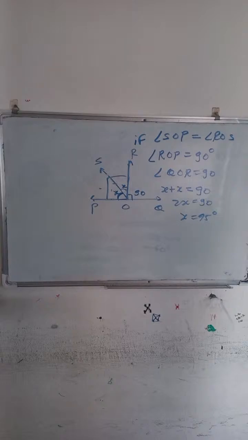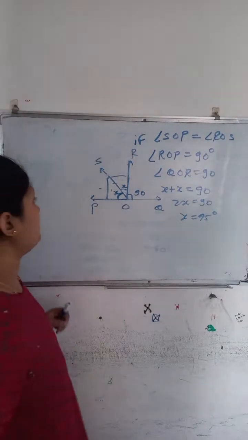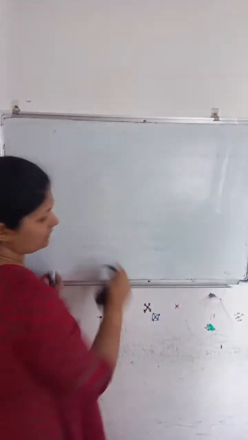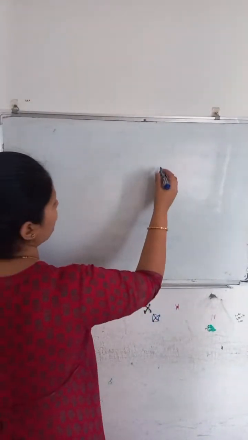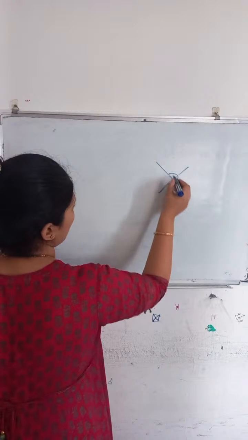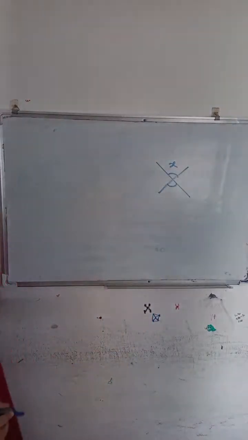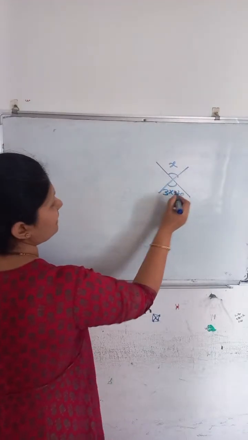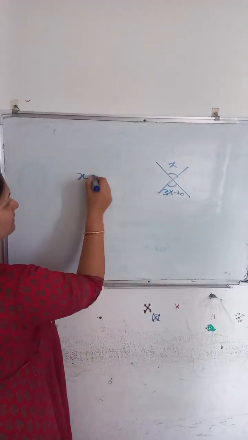We know that vertically opposite angles are the same, no? Suppose these are intersecting lines and this is x, and another angle is given as 3x minus 20, and vertically opposite angles are the same.